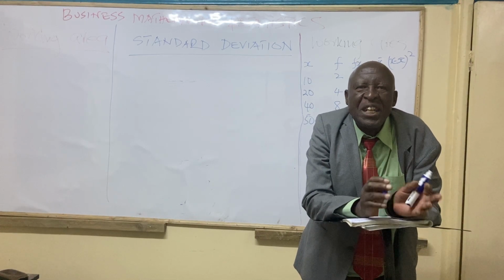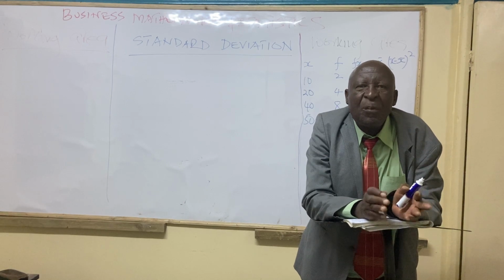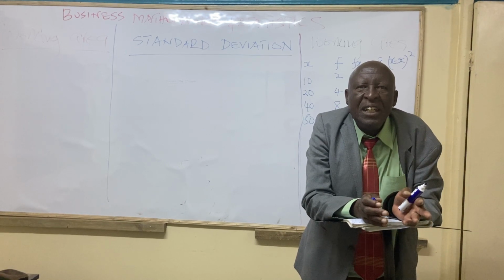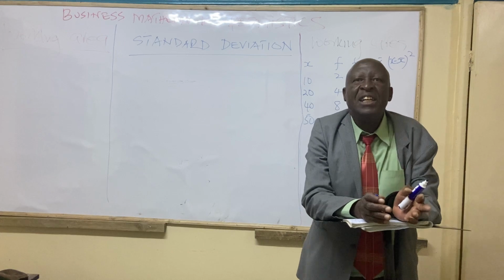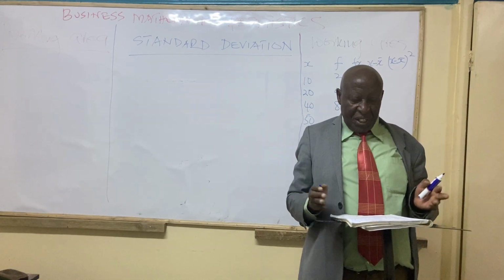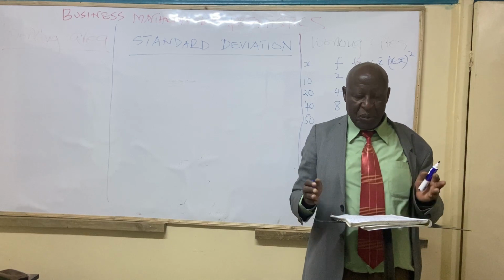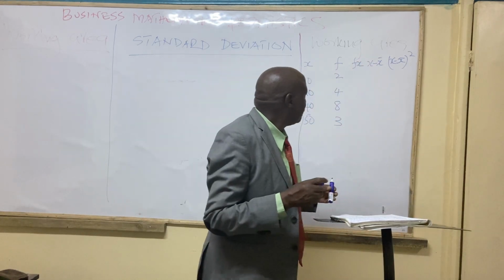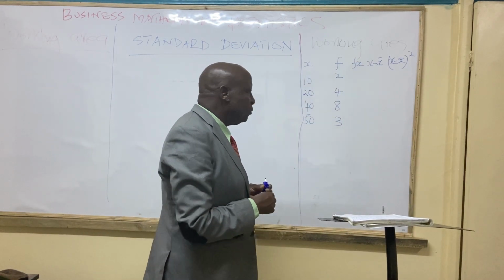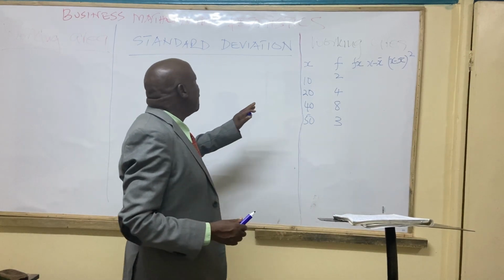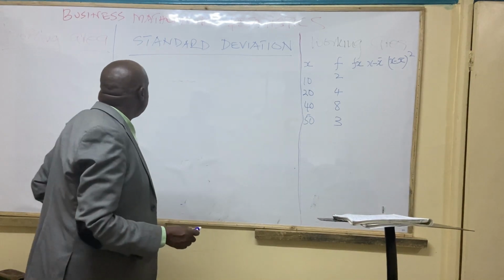So we get the standard deviation of the three items that we have mentioned. This is how we calculate our standard deviation.